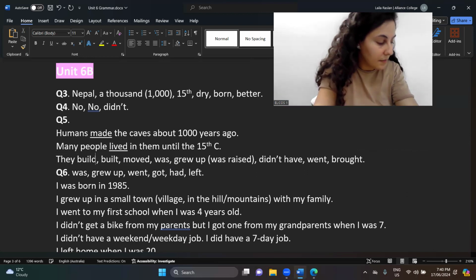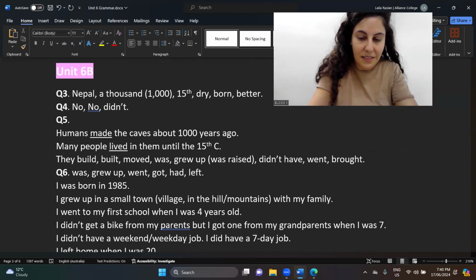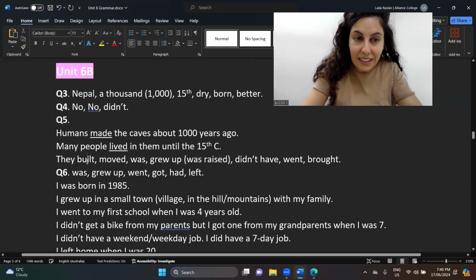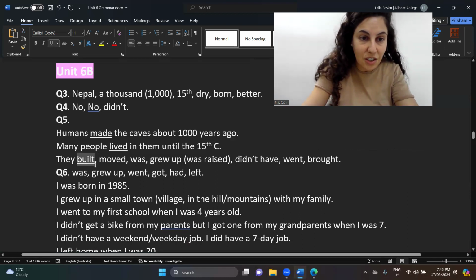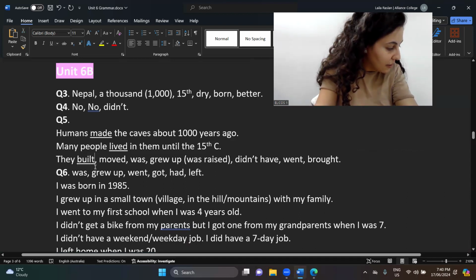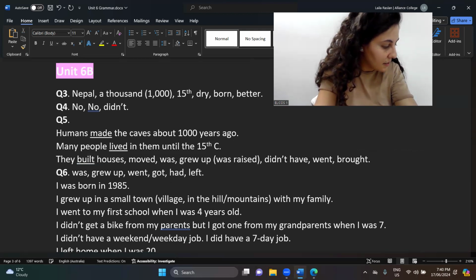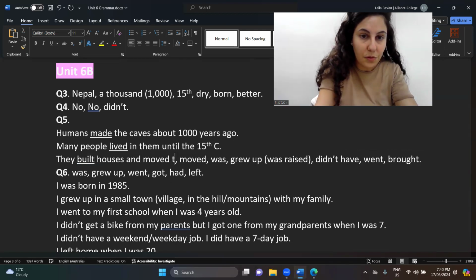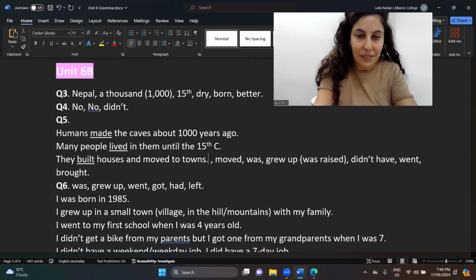They built houses. Okay, so built is an irregular verb. You can see it does not have the ed. So they built houses and moved to towns.